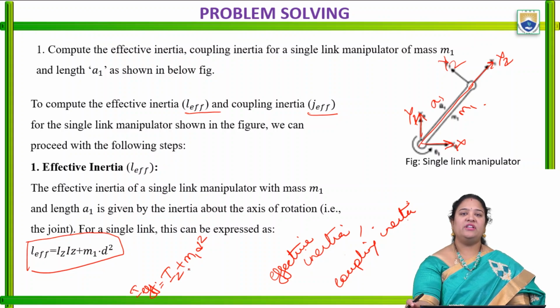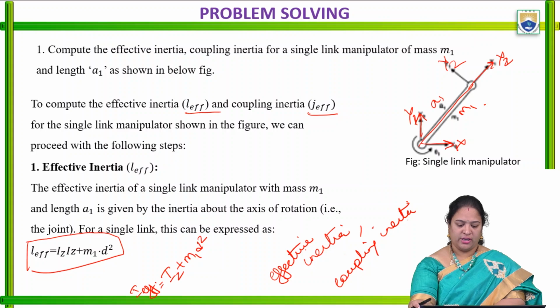Right? That is the effective inertia of a single link manipulator with mass m and length a, given by the inertia about the axis of rotation.